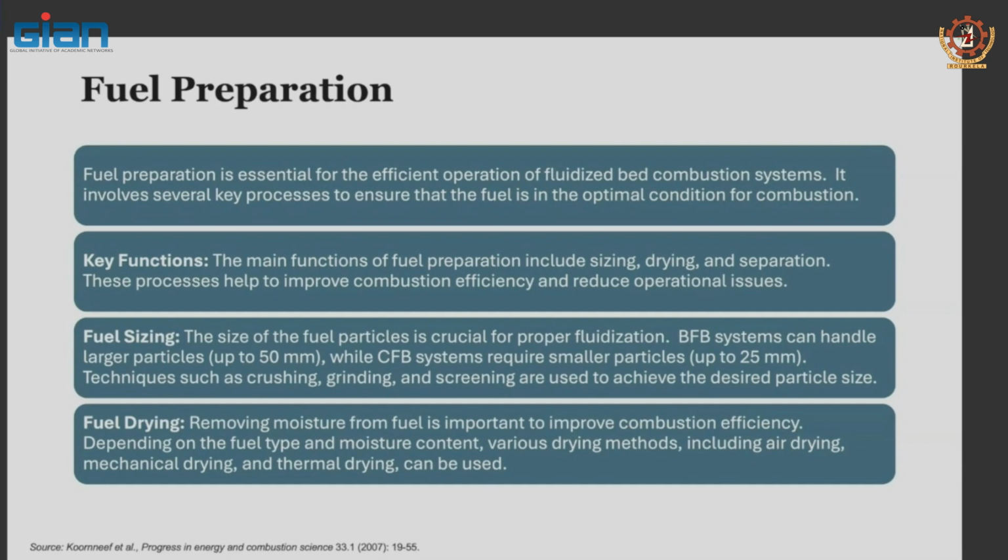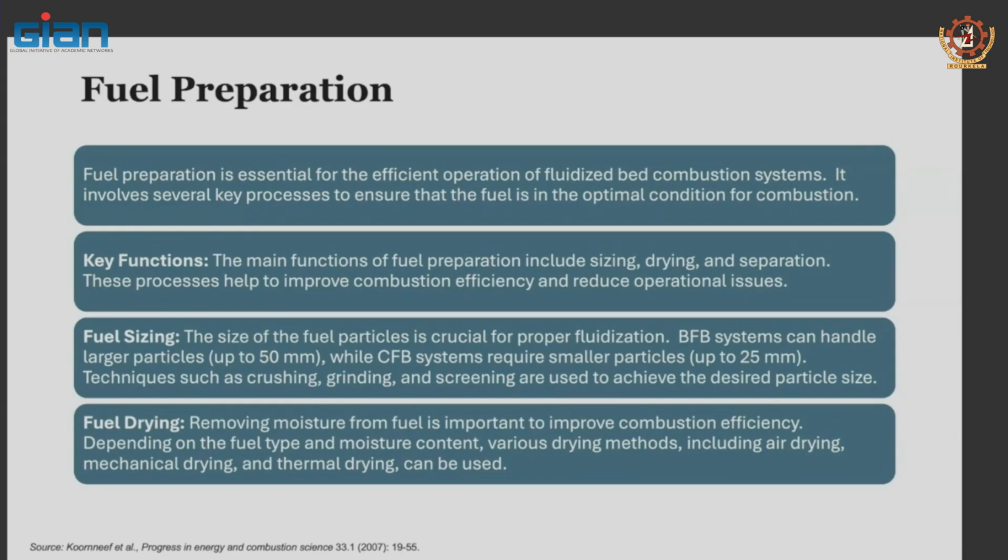We promote a little bit of moisture, but not a lot, because you'll use the exothermic energy of your system to evaporate the moisture, bringing it to 100 Celsius and evaporating it out of the fuel.